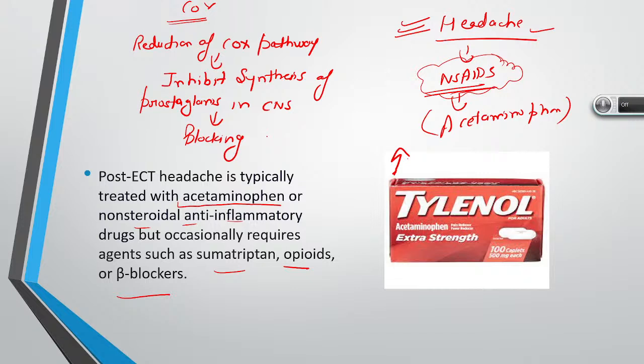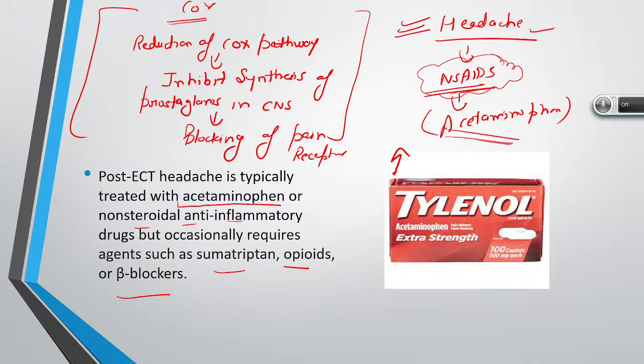So you can see this is the exact mechanism of the NSAID, the acetaminophen classification: there will be reduction of the COX pathway, and it inhibits the synthesis of prostaglandin in the central nervous system, and that leads to blocking of the pain receptors.